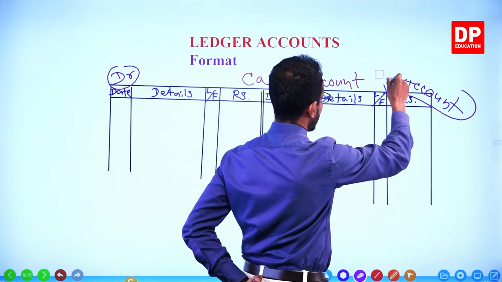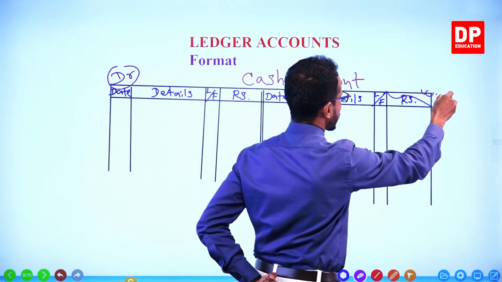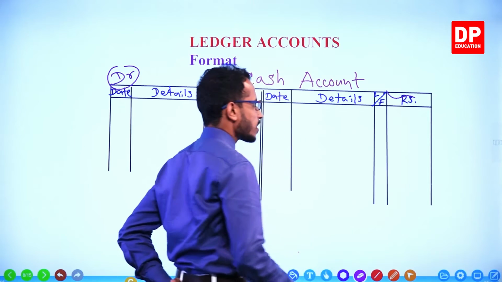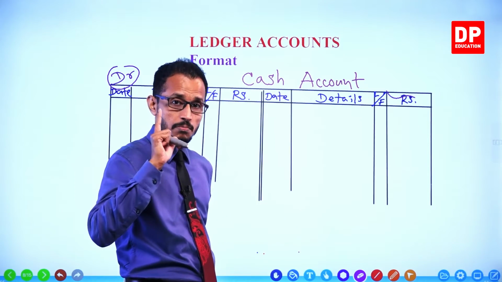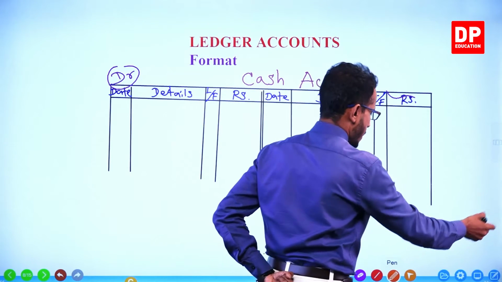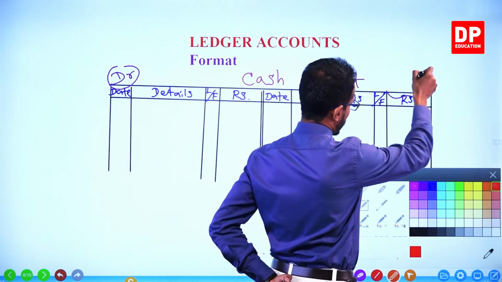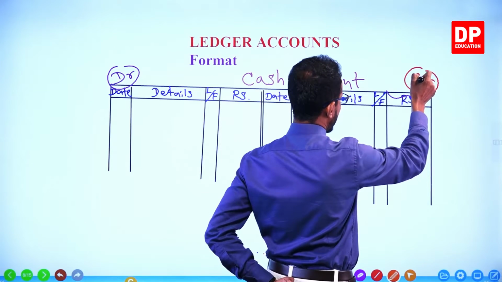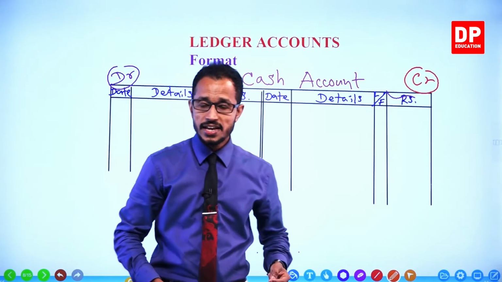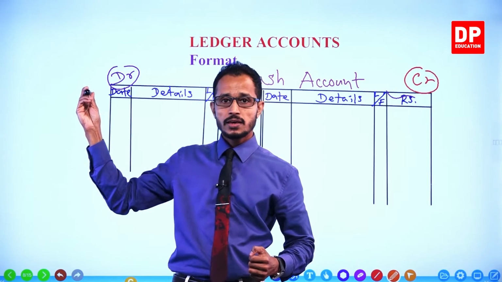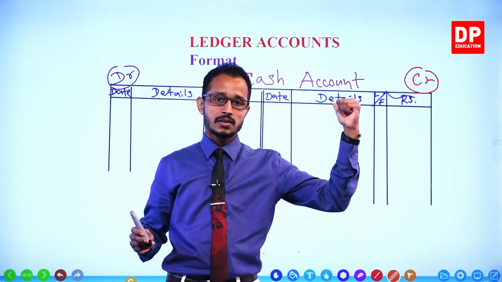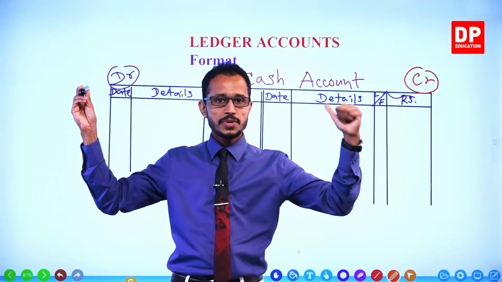Remember never to make that mistake, the mistake of not mentioning debit and credit. Alright, so we'll do it now. You should put DR on the debit side and CR on the credit side. Debit, credit.